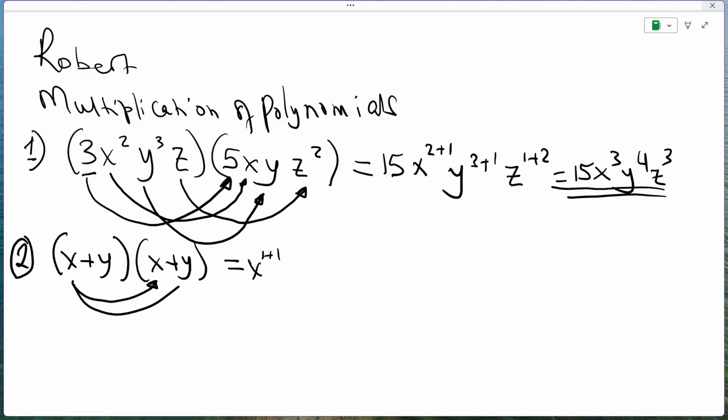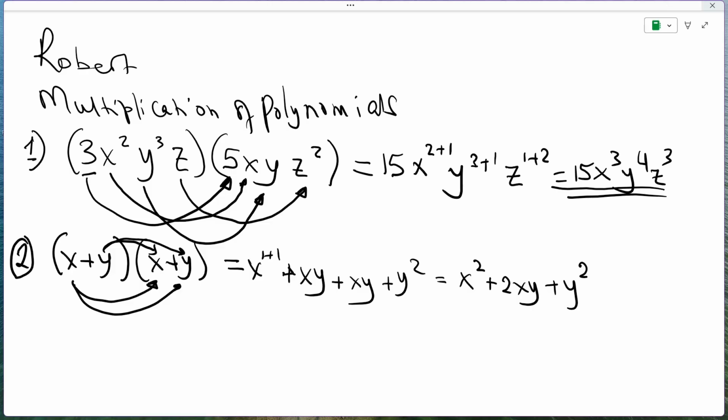And then x multiplied by y will be plus xy. And then y will be multiplied by x again, so it will be plus xy. And then finally y will be multiplied by y, which will give us y squared. So in the end, this will give us x squared plus, we have two xy's, then plus finally here y to the power 2.